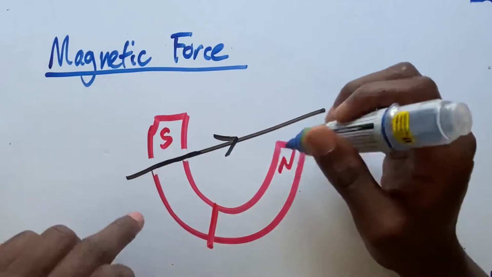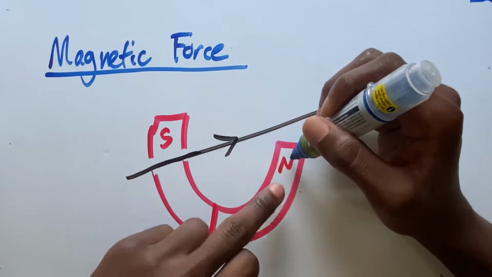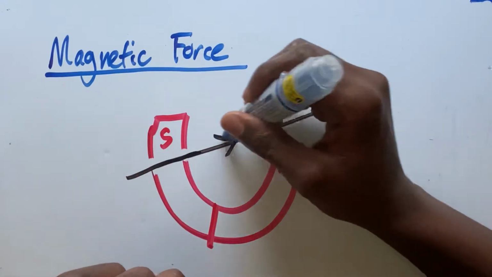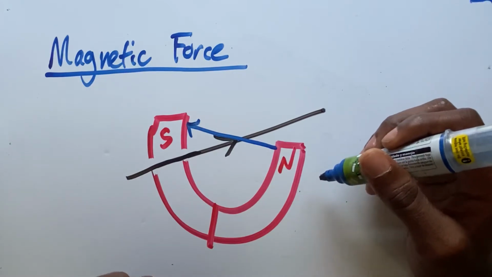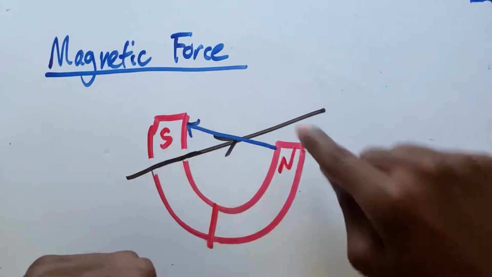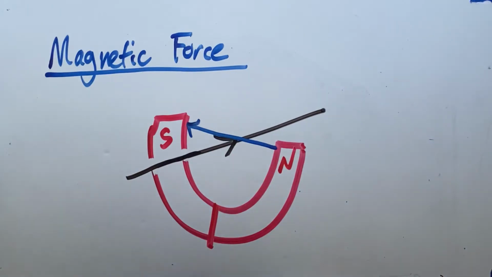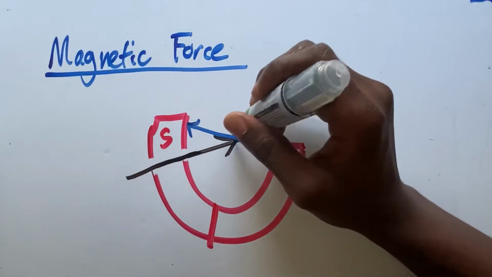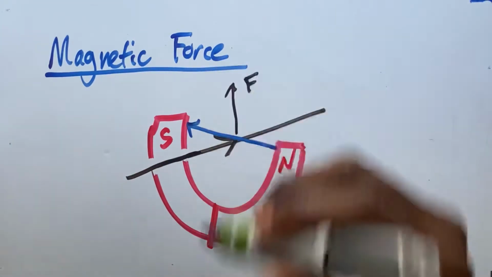So the magnetic field from the magnet is going to go in this way. It goes from the north to the south, right? Boom. So the magnetic field goes that way, kind of goes across the wire. And that's going to cause the wire to be pushed upwards by the magnetic force.